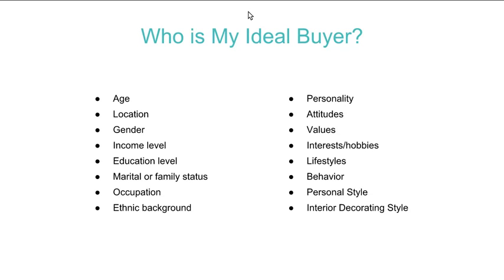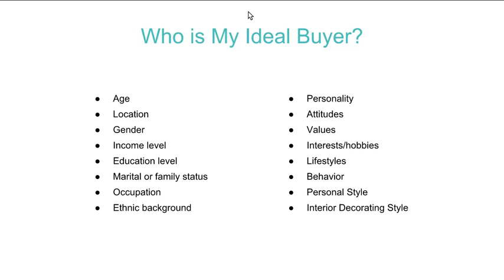In addition, for your niche, personal style and interior decorating style is going to be huge. You need to have that down, because you don't want to be selling shabby chic painted furniture and attracting people who like an industrial decorating style because your supplementary content isn't on point.